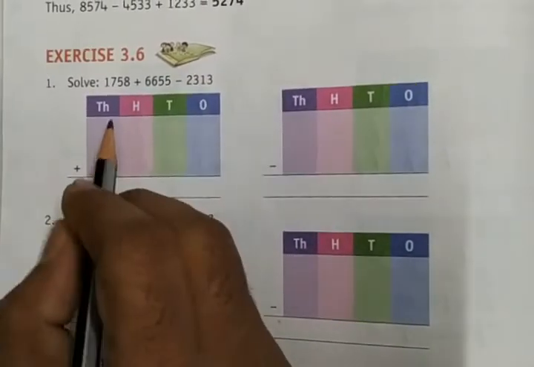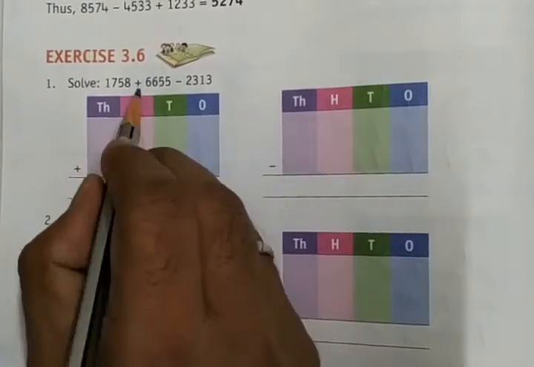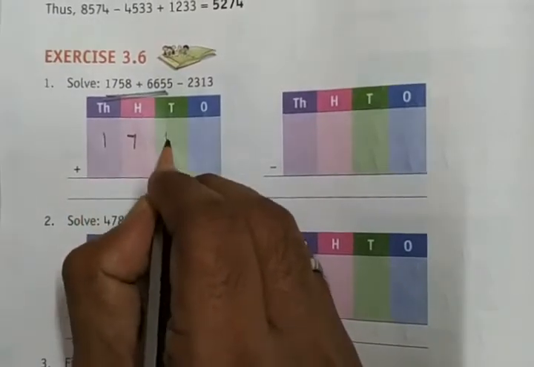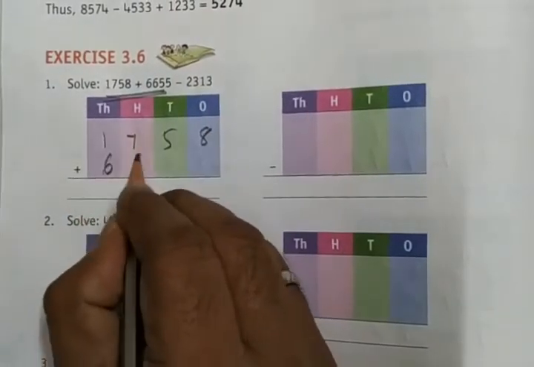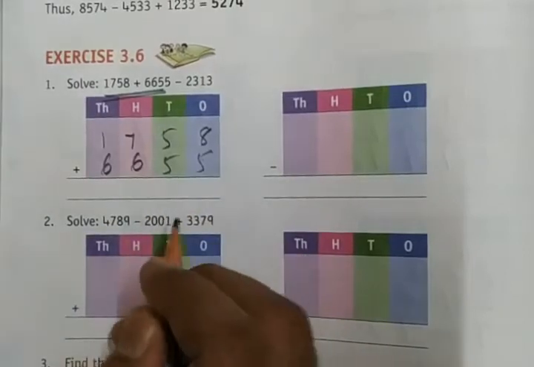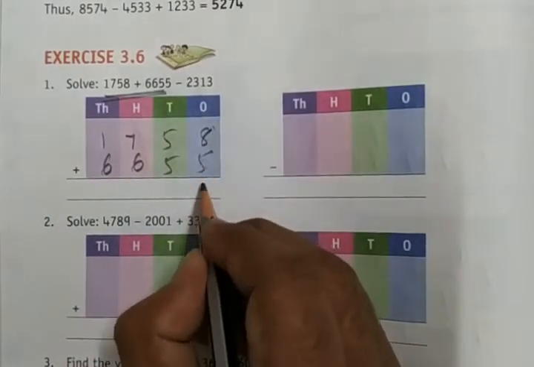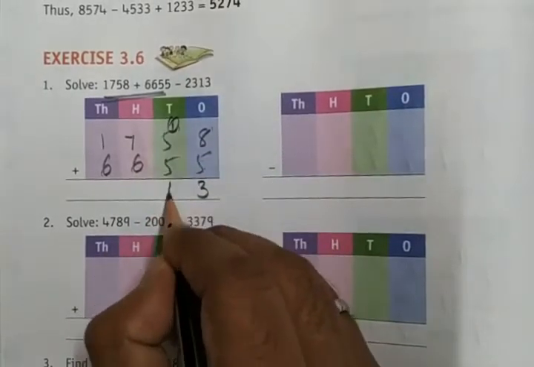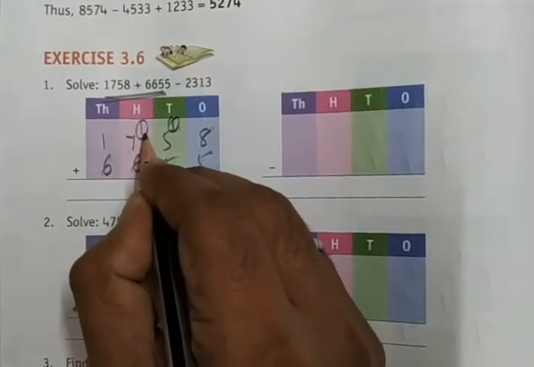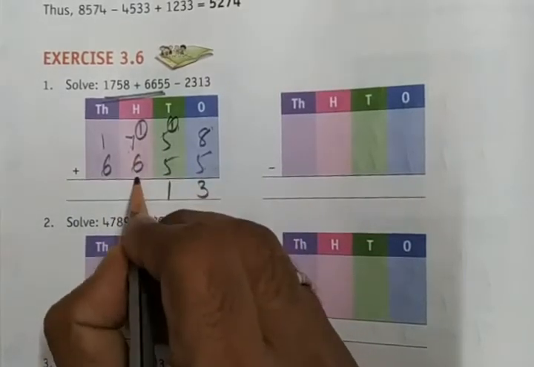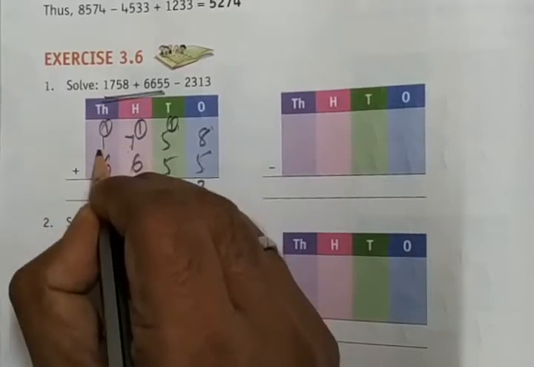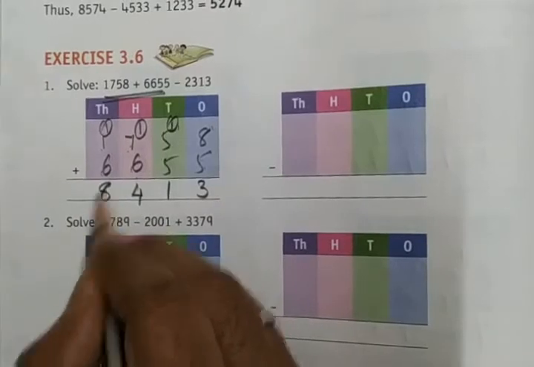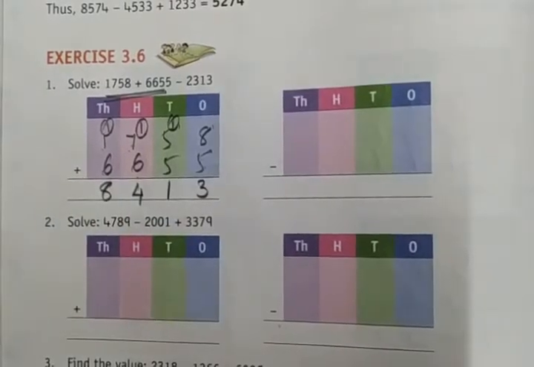Solve. So first we have to go for this addition. 1758 plus 6655. Okay. 8 plus 5 is 13. Carry 1. 1 plus 5 is 6. 6 plus 5 is 11. Carry 1. 1 plus 7 plus 1 is 9. 8 plus 6 is 14. Carry 1. 1 plus 1 is 2. 2 plus 6 is 8. Okay, 8413 is the answer.